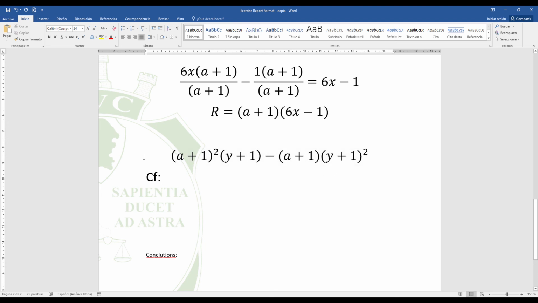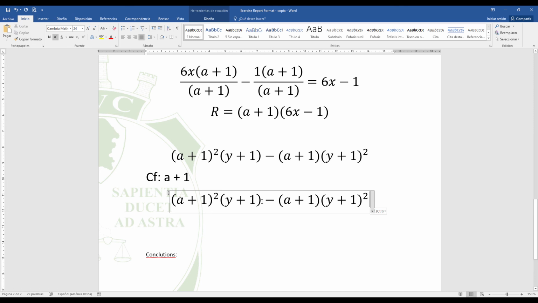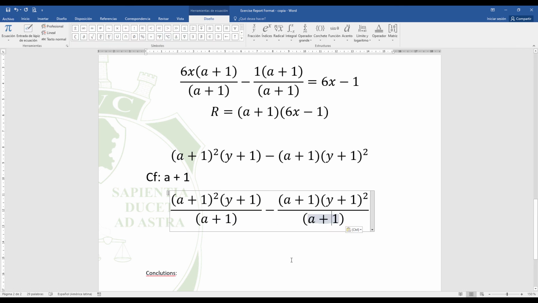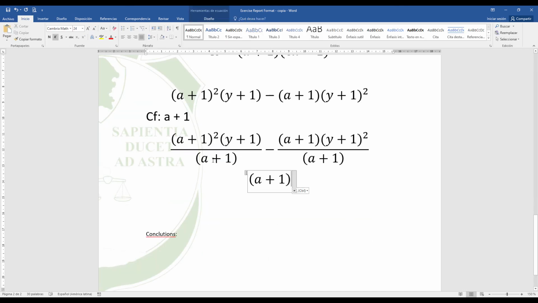So when you see that in an exercise, it has some meaning, but you do the steps that you know. Here I will choose, for example, a plus 1. So you divide here, you will get that.